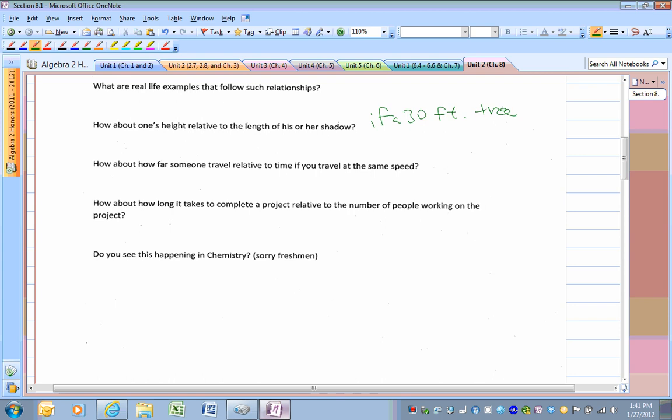All right. Let's say a 30-foot tree has a 60-foot long shadow. Then a 6-foot person, like Fabian, are you 6 feet? Yeah, Fabian.